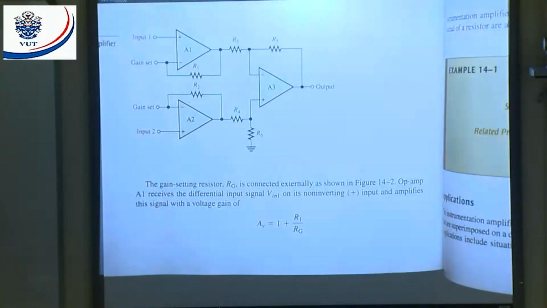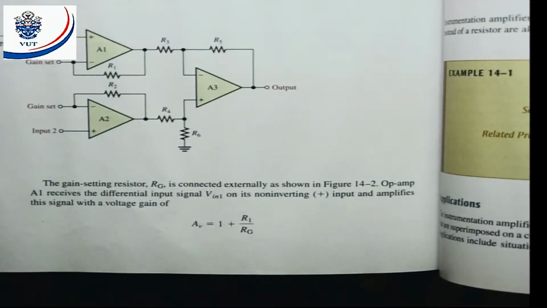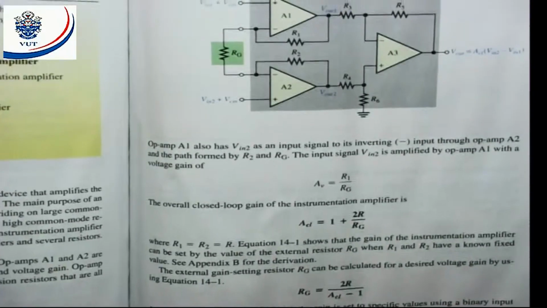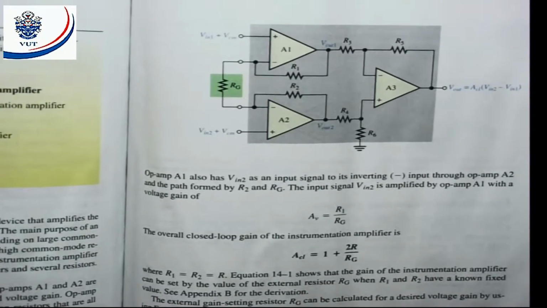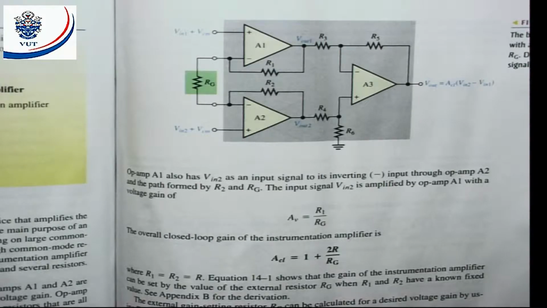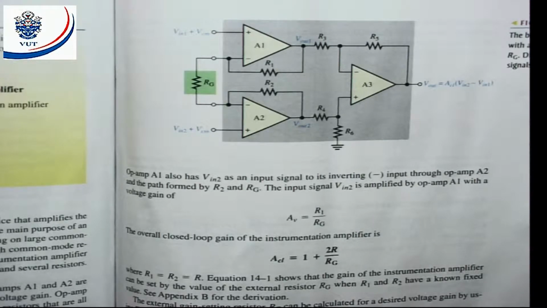As shown in figure 14.2, op-amp A1 receives the differential input signal V in 1 on its non-inverting input and amplifies the signal with a voltage gain of AV equals 1 plus R1 divided by RG. That is the voltage gain for that. Here they show us RG, my gain setting resistor.